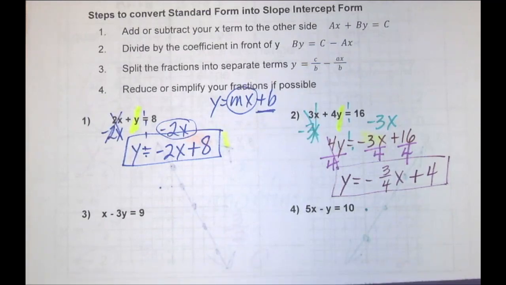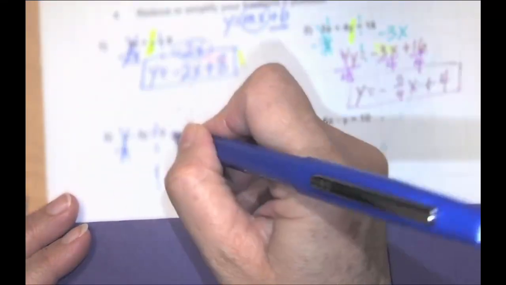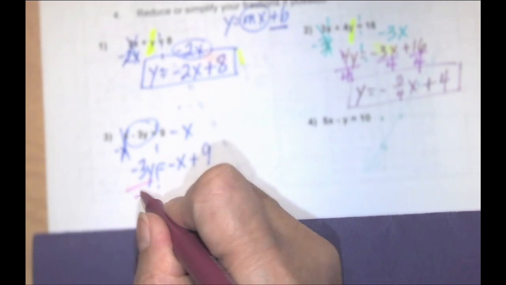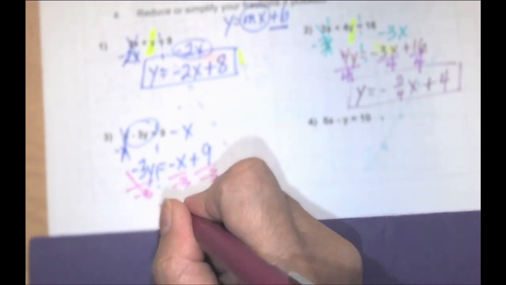Let's do a couple more. So let's look at this number 3. First, you take away the x term. Now, remember that minus attaches as a negative. Let's rewrite it and put the x first. And then I want to get rid of the negative 3. So I divide everything by negative 3.